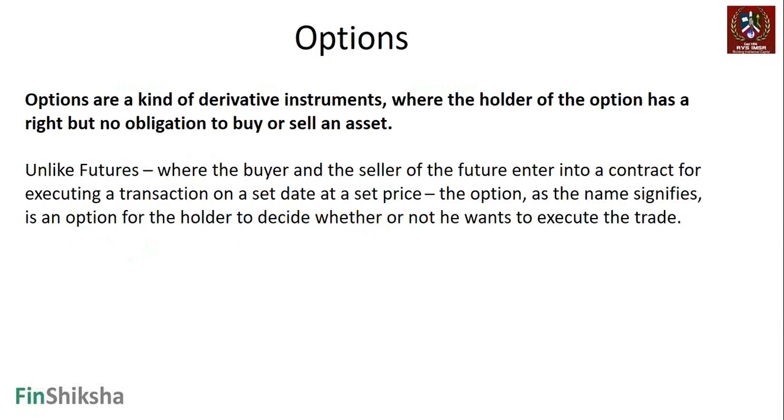Now, if you remember what futures were, a future was a contract where the buyer and seller enter into a contract of executing a transaction on a set date at a set price.